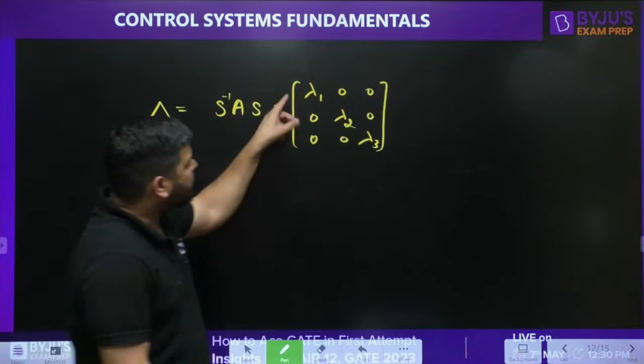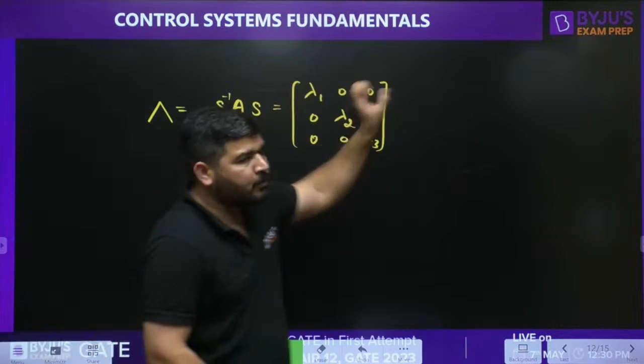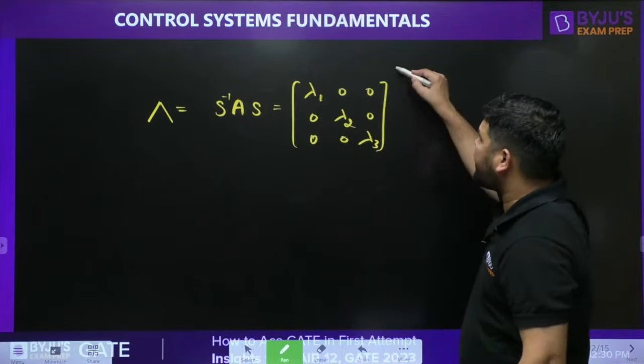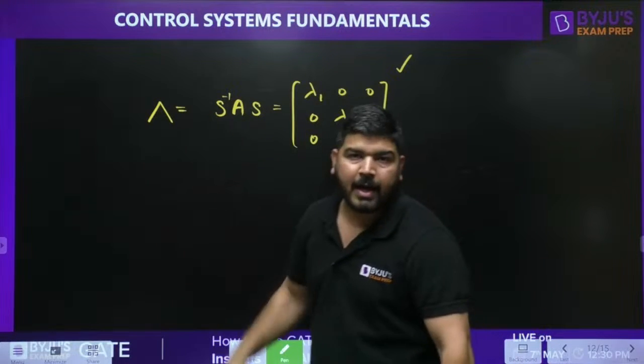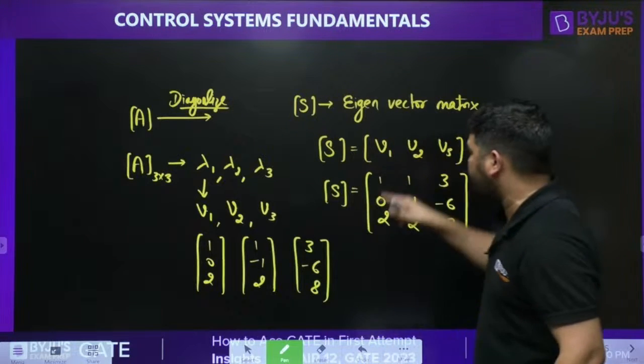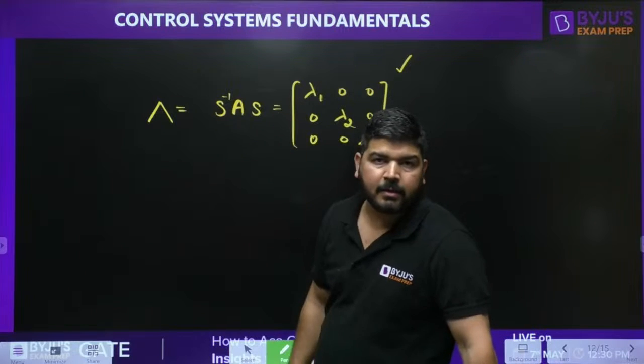Is it clear, guys? This is the diagonal matrix we have. I hope it is clear. So whenever you need to diagonalize, you can apply this method. You have to first calculate this, and then you can diagonalize this.